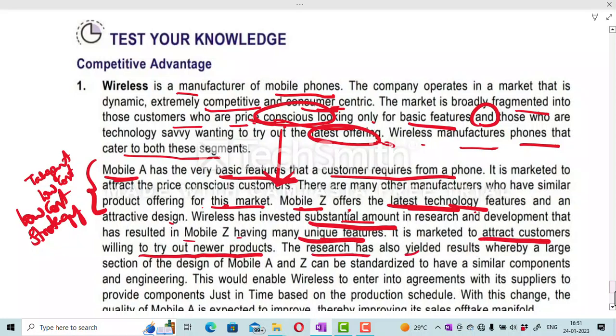The research also yielded results whereby a large section of the design of mobile A and mobile Z is standardized. See, this is another point. Up to here, what they have said is they are charging high, for having unique products. It invested a lot in research and development, and it is for customers who want to try out the newer product. Means they are opting for the strategy of product differentiation.